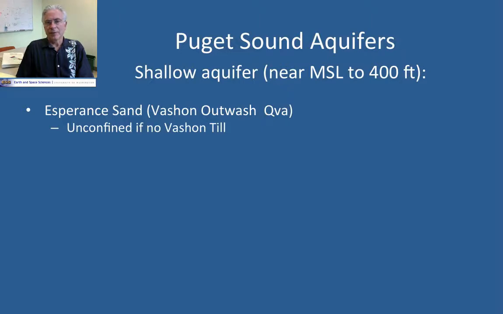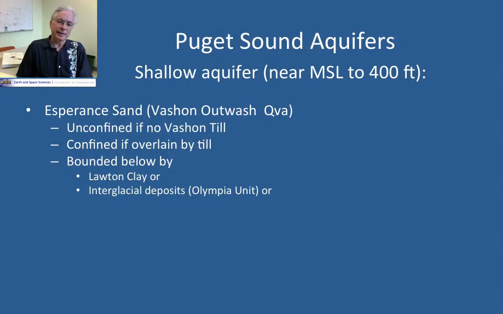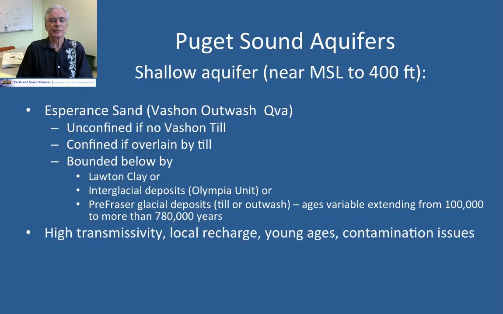If there is no overlying till, the Esperance sand can make an unconfined aquifer. It's confined when overlain by till that forms an aquitard. Bounded below by the Lawton clay or other interglacial deposits like the Olympia unit or any number of pre-Fraser glacial deposits, which can be till or outwash of variable age.